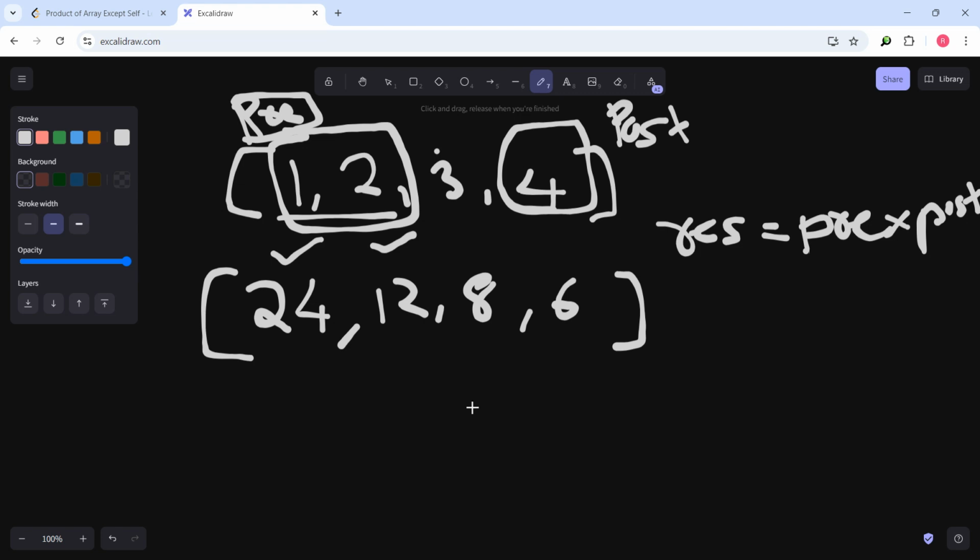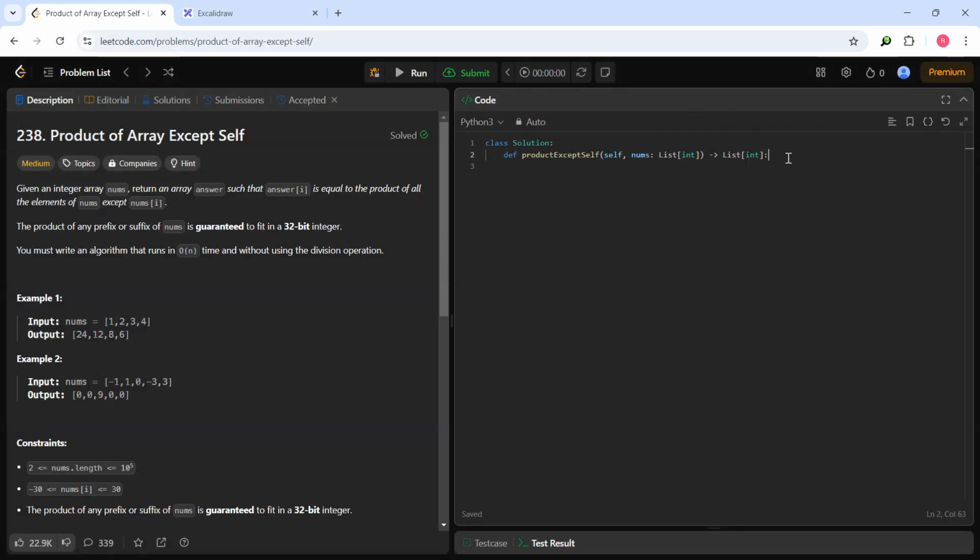So this is what I'm trying to say. Let's try to understand what I'm going to do from the solution. I will try to code it down and I'll try to explain what is going on along the way.